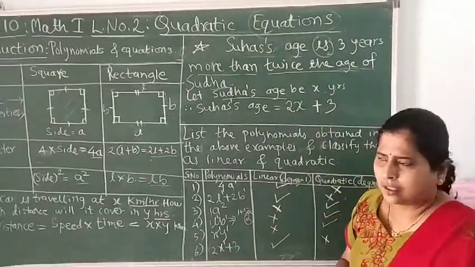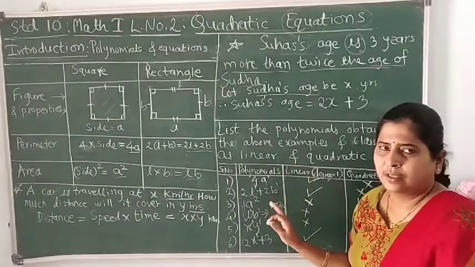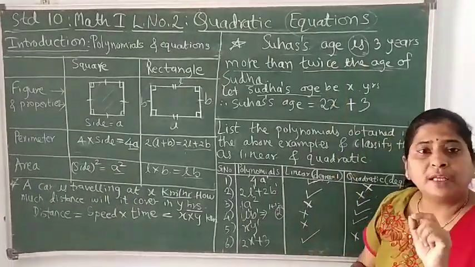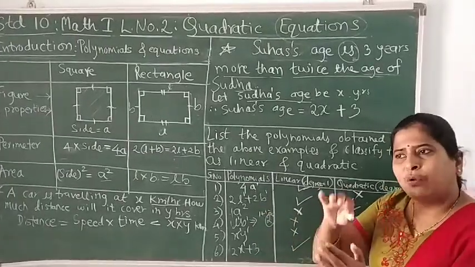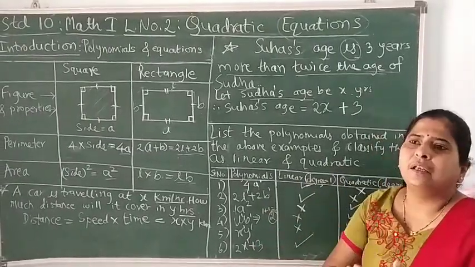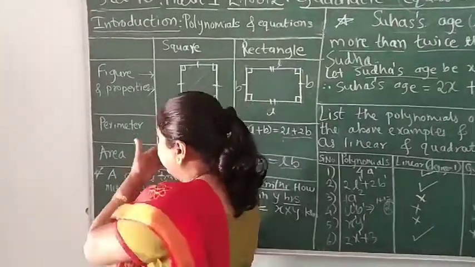Now what is an equation? Here in all these expressions you can see only the terms. But in an equation we want the is-equal-to sign. So when we write all these expressions equal to some value, we get an equation. For example, let's come to this figure.